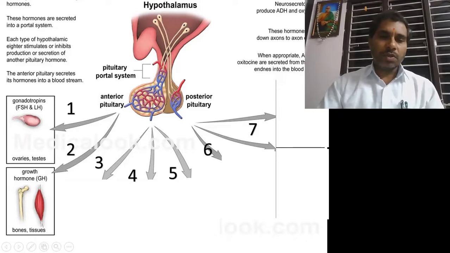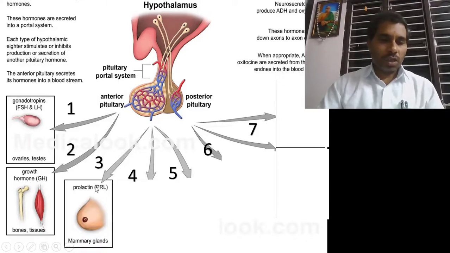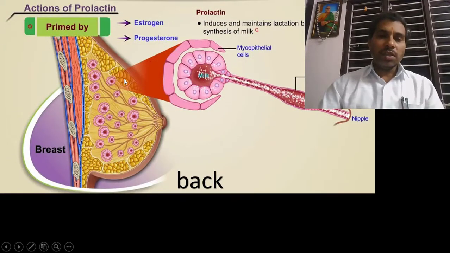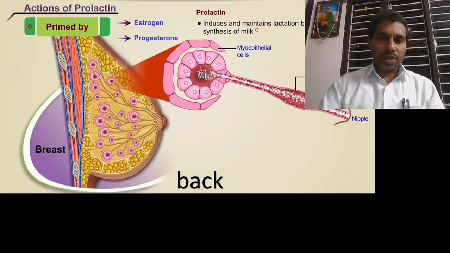Coming to another important hormone, that is called prolactin, which is secreted from the anterior pituitary. The main function of prolactin is to stimulate the glands present in the region of the breast, which are called mammary glands.